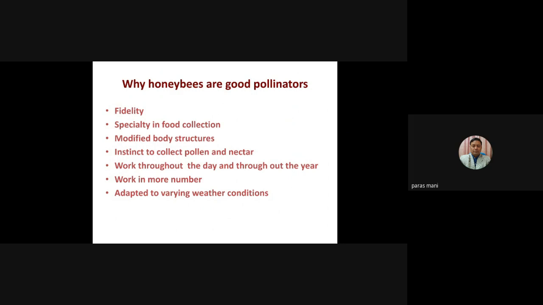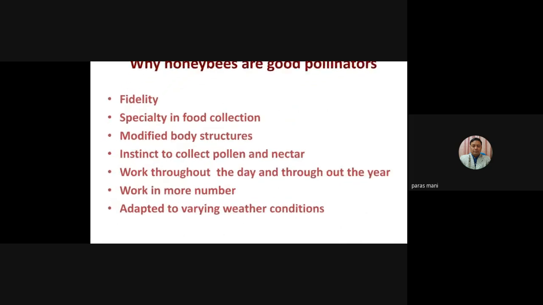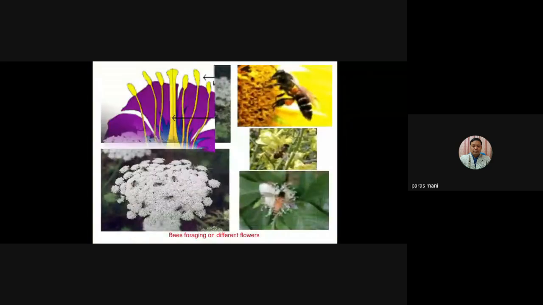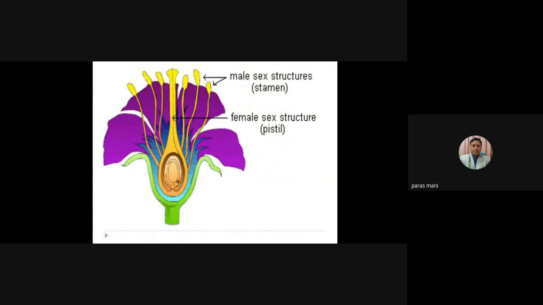Nectar, you must have been knowing. I just forgot to mention. In this flower, one thing bees collect is the pollen grains, which are located on the male part. On the anthers, the pollen grains will be located.